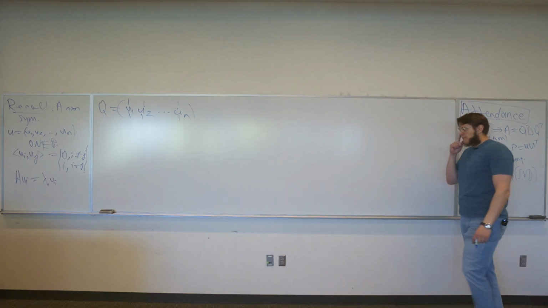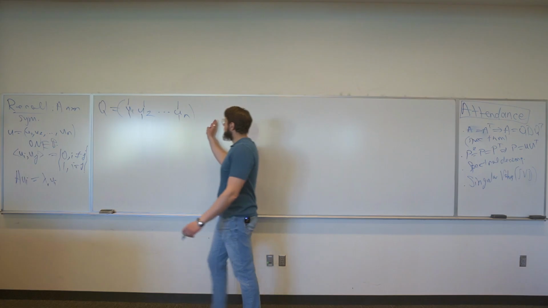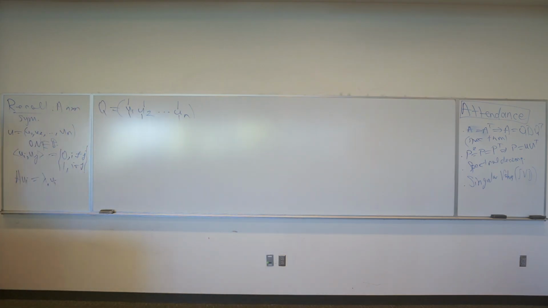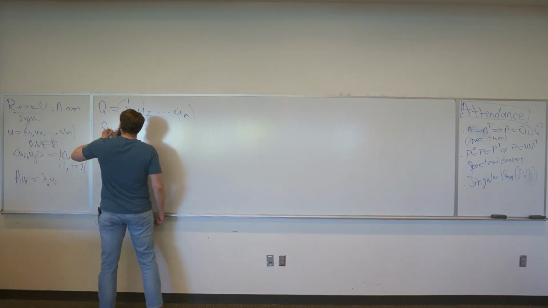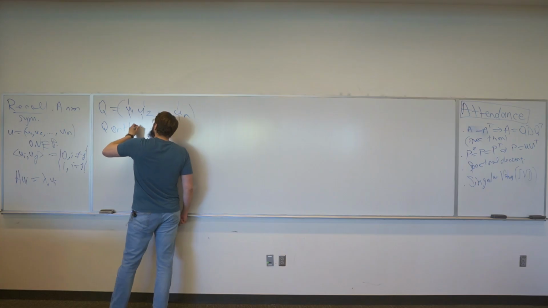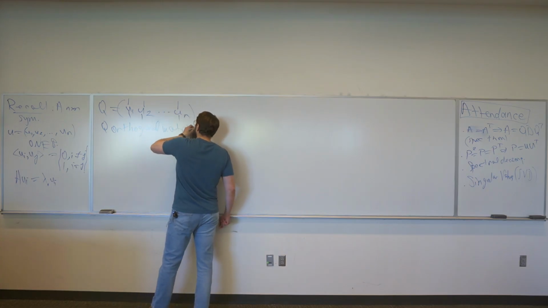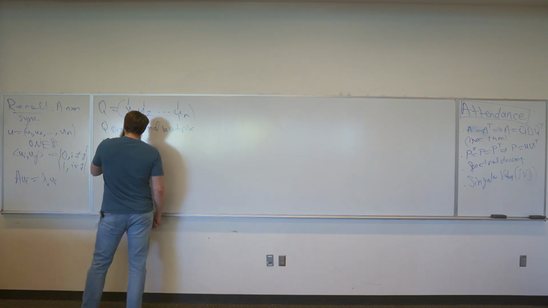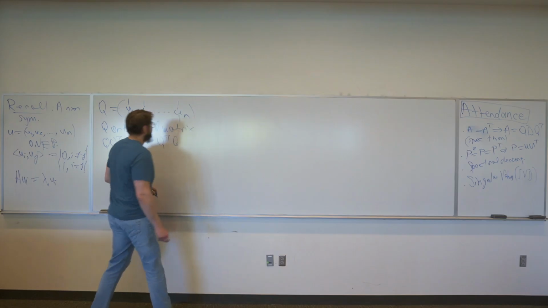Since I have a square matrix whose columns are orthonormal, that's one of the definitions of Q being an orthogonal matrix. That is to say, Q transpose Q is identity, and Q Q transpose is also identity.